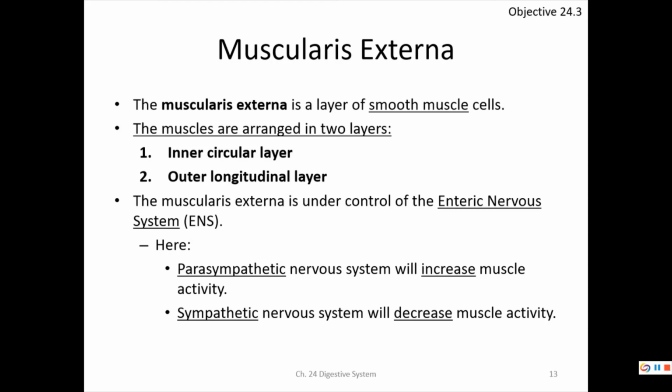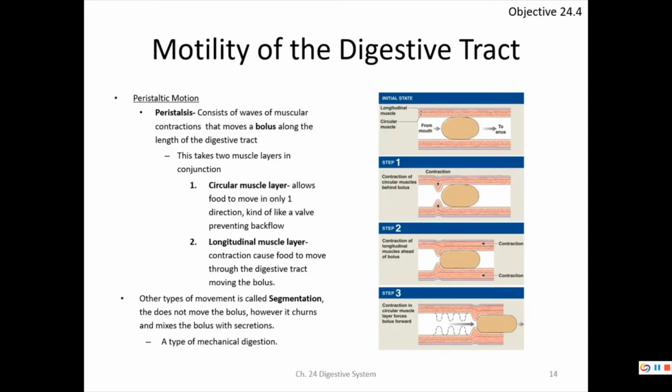Okay? Now, the digestive tract, when the smooth muscle, longitudinal and circular muscle layers, move, they produce a wave of motions across the digestive tract along its length that moves food, called a bolus, through it, called peristalsis. Peristalsis is these waves of contractions.